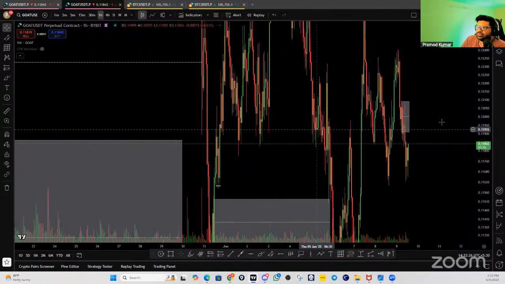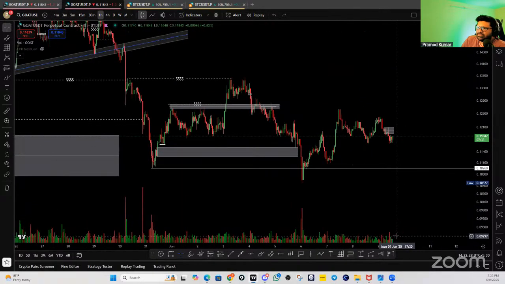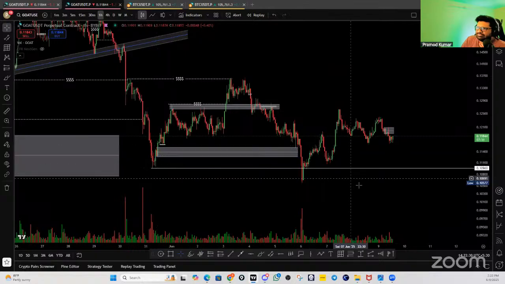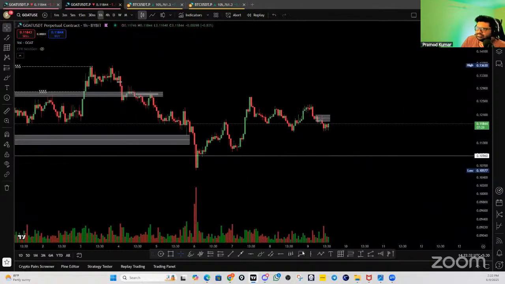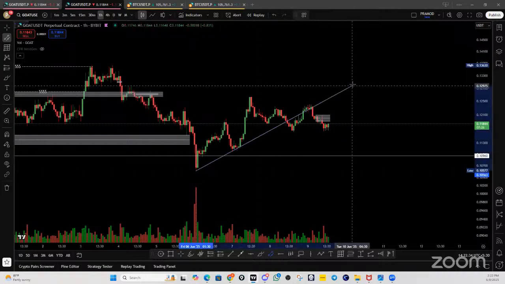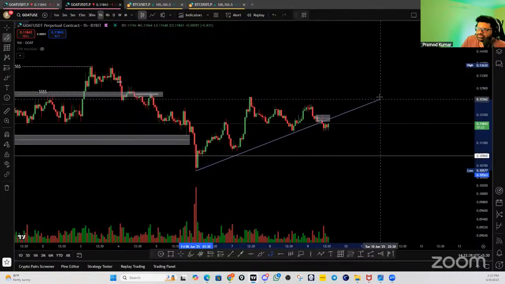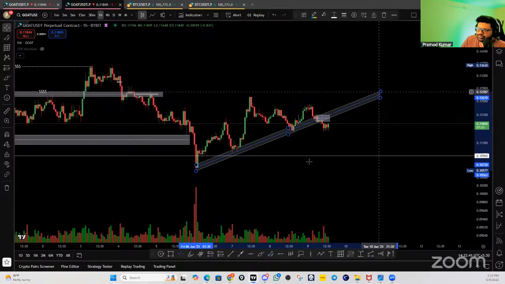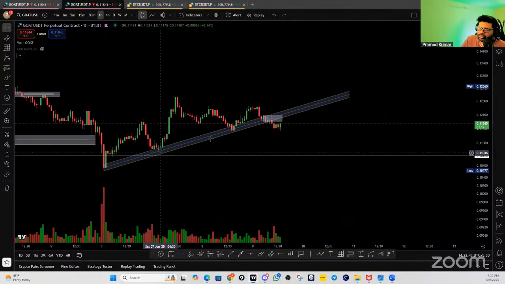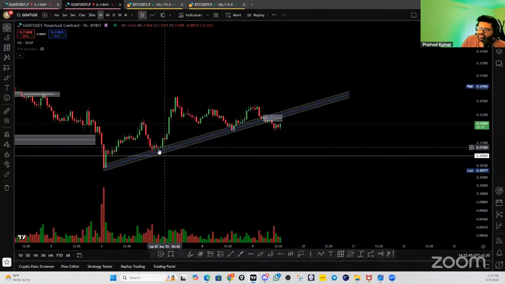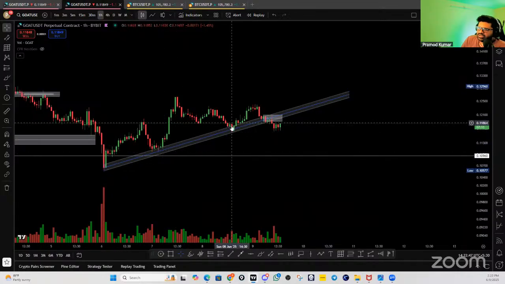On the 1 hour, we had one breakout. So this is 1, 2, 3. We need 3 touches: 2 touches and the 3rd is the entry.